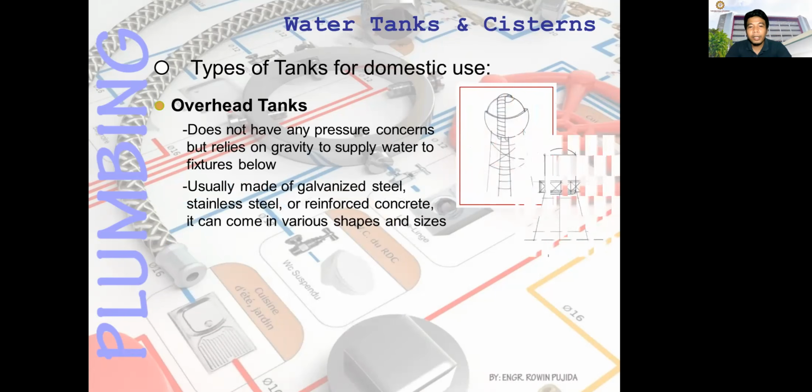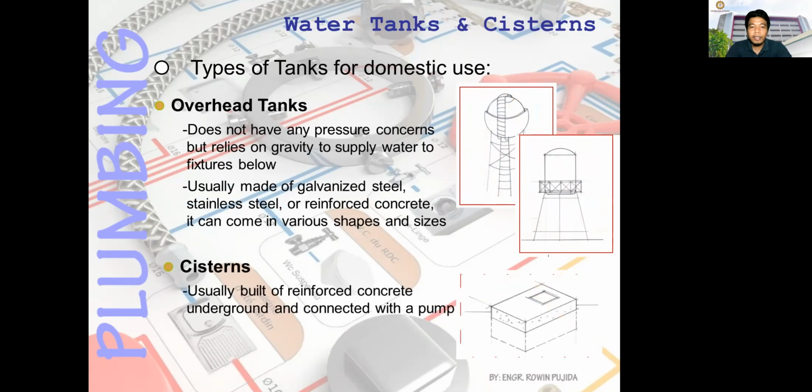It is usually made of galvanized steel, stainless steel, or reinforced concrete. It can come in various shapes and sizes. You can see this mostly in hardwares, where you have ready-made overhead tanks. Next is the cistern, usually built of reinforced concrete, underground, and connected with a pump.